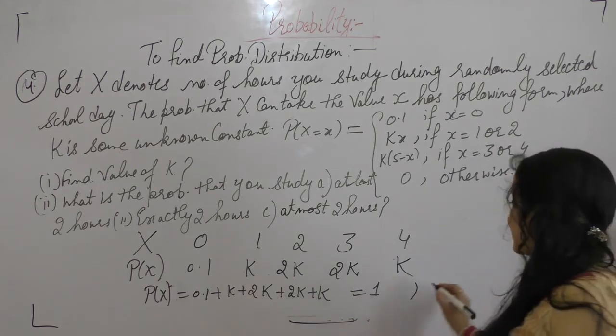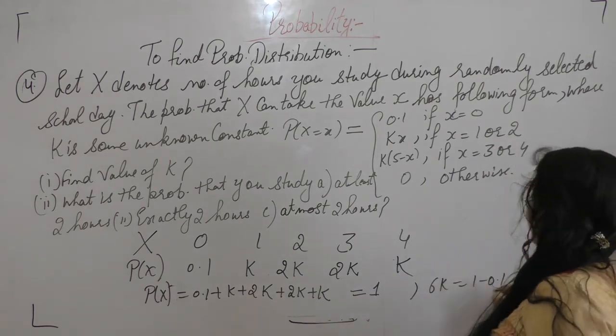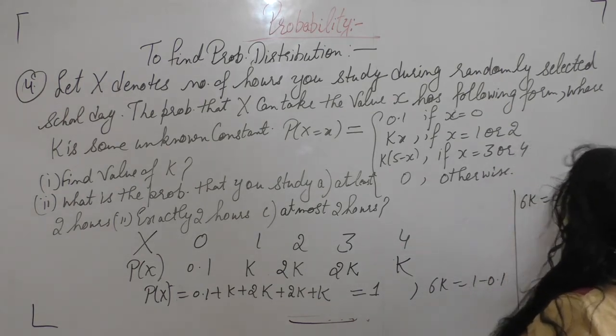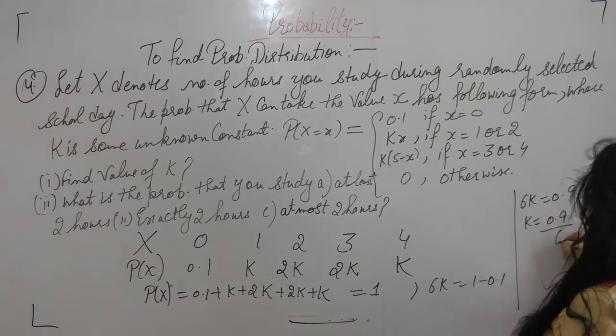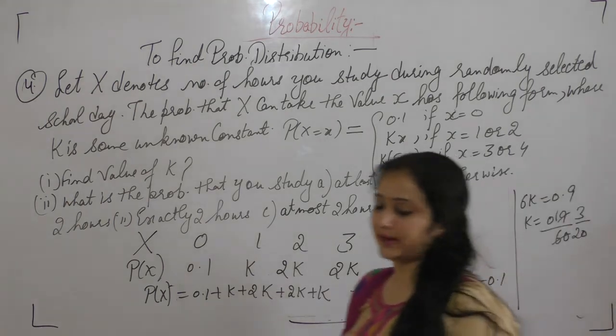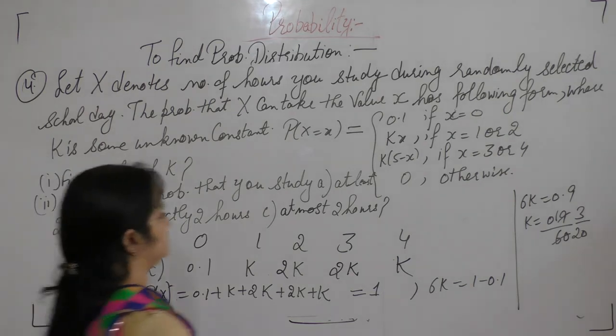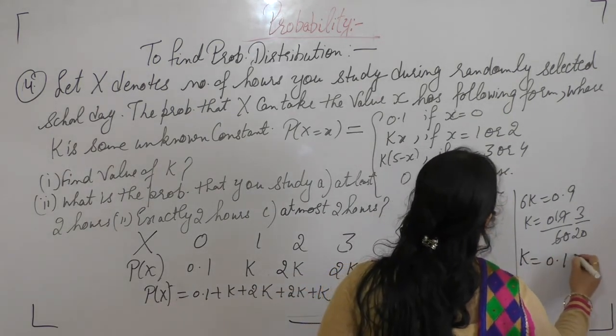That is, 6k is equal to 1 minus 0.1, which is 0.9. So k is 0.9 by 6, which is 3 by 20. That is, k is 0.15.